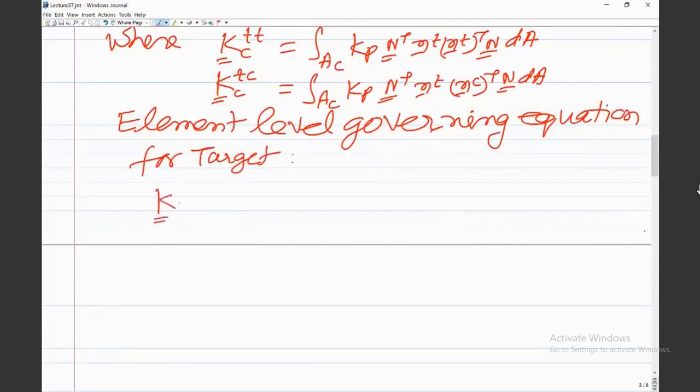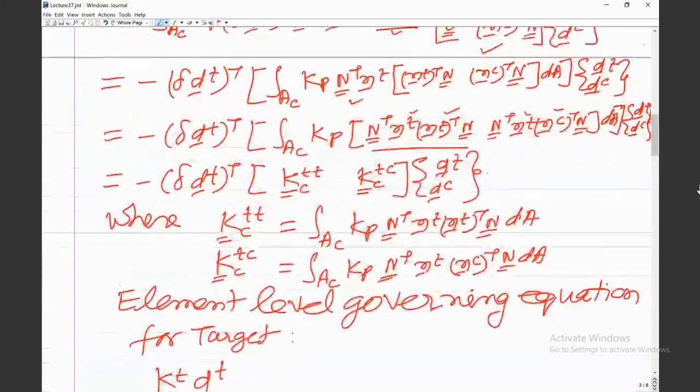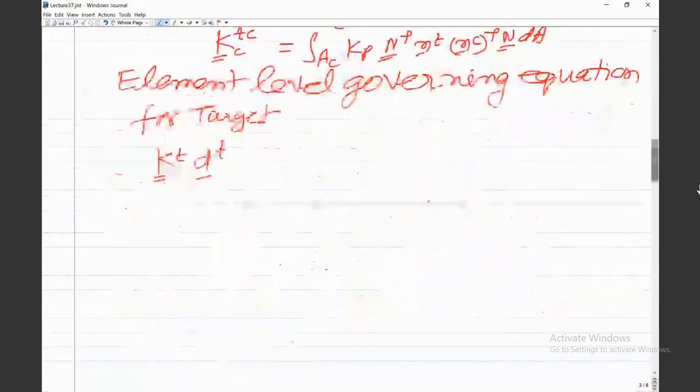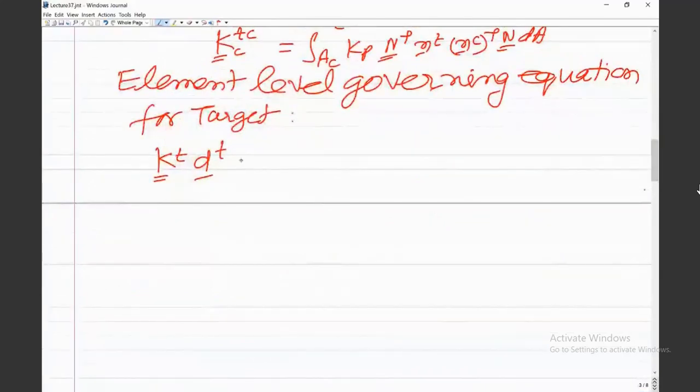So that is Kt, this matrix Kt. Let me not put the double bracket, because I'm already putting that, we will have dt plus, now this term we are taking to the left hand side. So there is a minus sign. When we take it to the left hand side, it becomes plus. So we will have this term as plus.